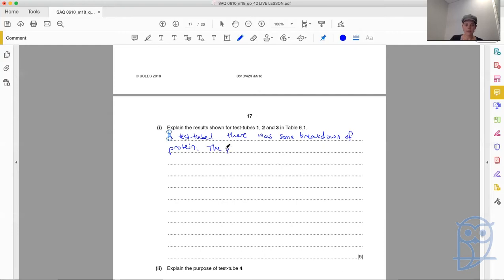The pH is too high for optimal pepsin activity.